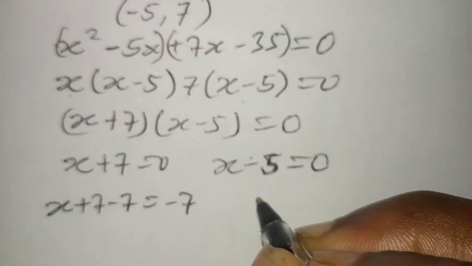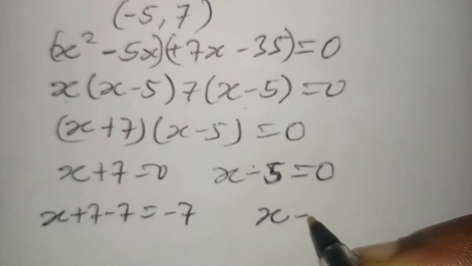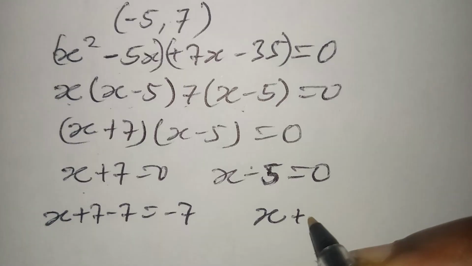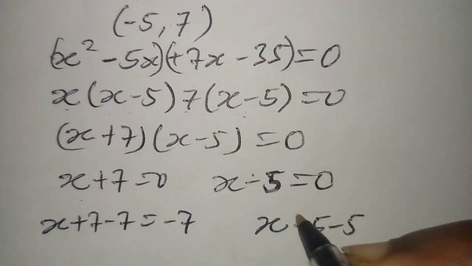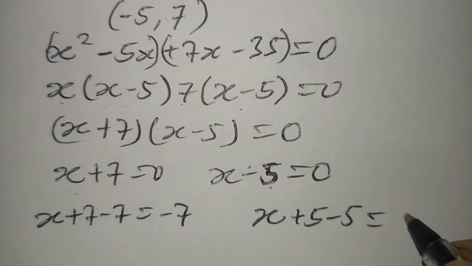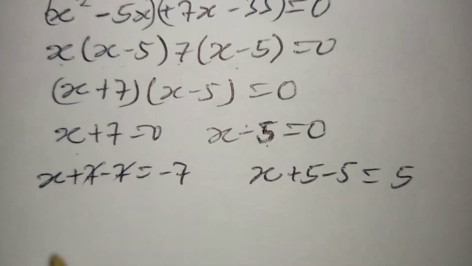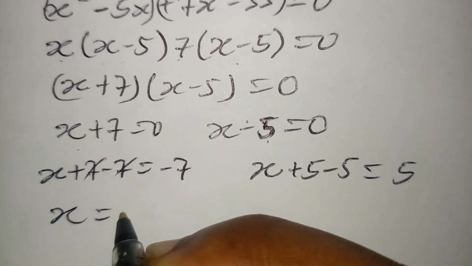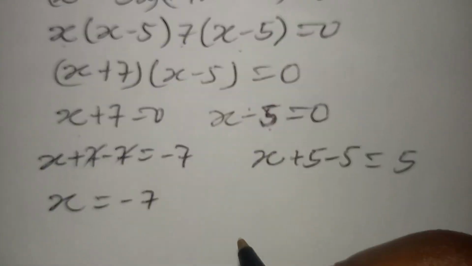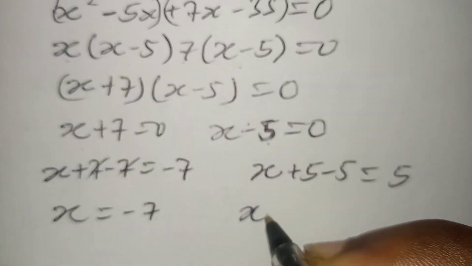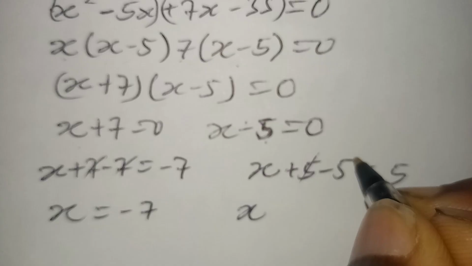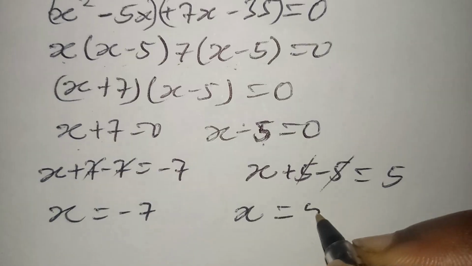Then here too we add 5 to both sides, giving x minus 5 plus 5 equal to 5. Taking away, we have x equal to negative 7. Then here too, we have x equal to 5.